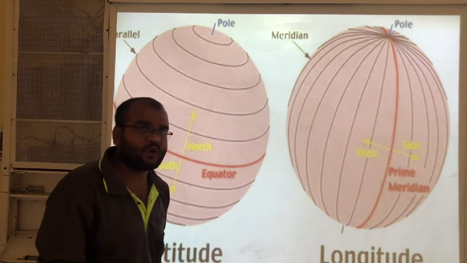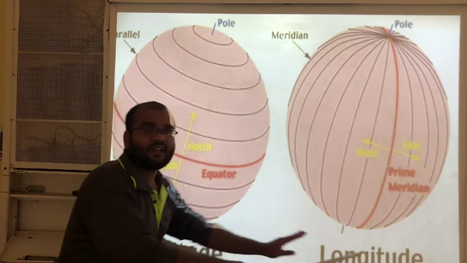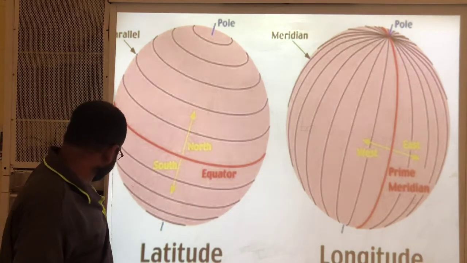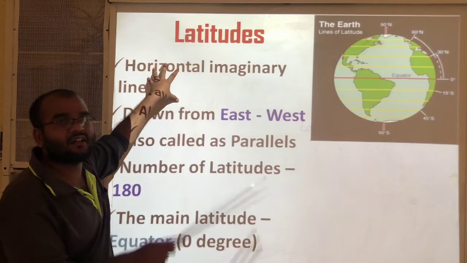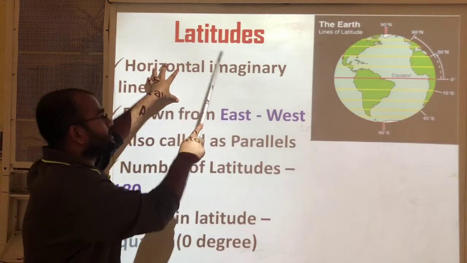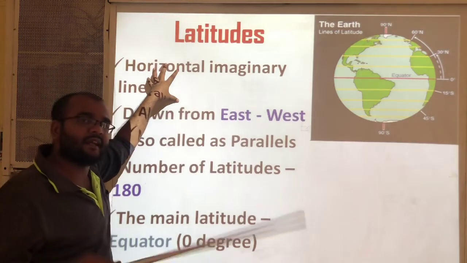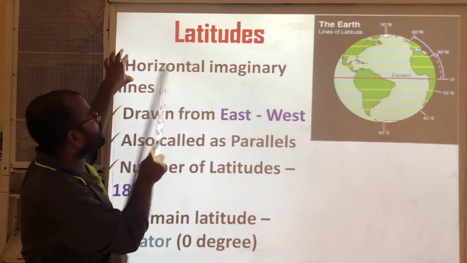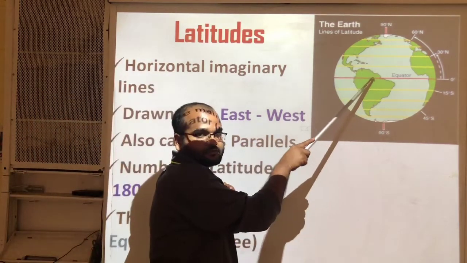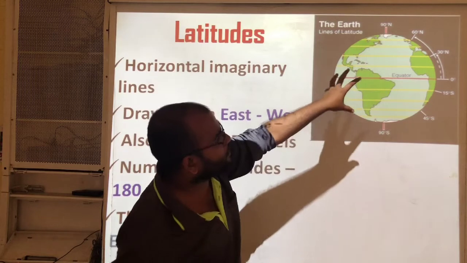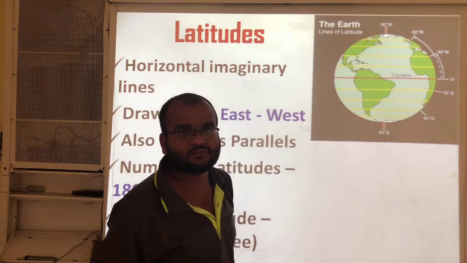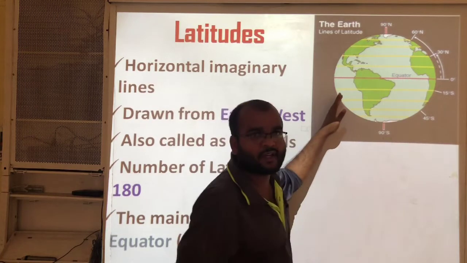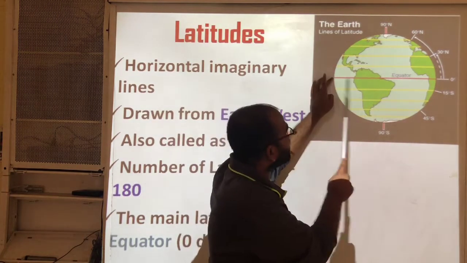Now we have to know about these latitudes and longitudes. First of all, let us learn about latitudes. In the next class we will learn about longitudes. So first of all, observe this figure. In this figure, what do you find? You can see some horizontal lines and one red color line.